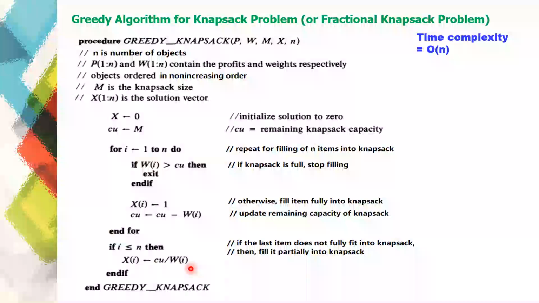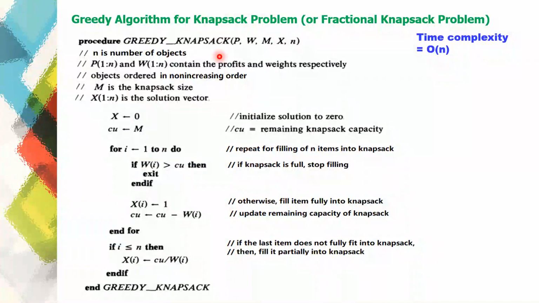That was the partial fraction. Okay, so as such, you are going to partially fill the last item into the bag. All the items you will fully fill. The last item you will partially fill. The remaining items you will not be able to fill into the bag because the bag is full. So this is your greedy algorithm for solving the knapsack problem.